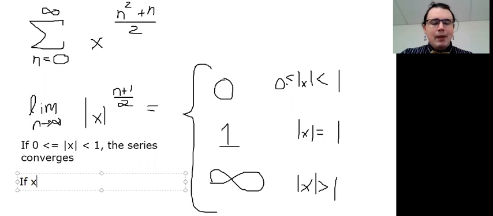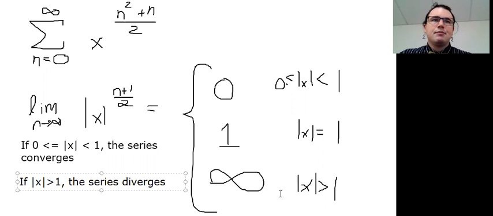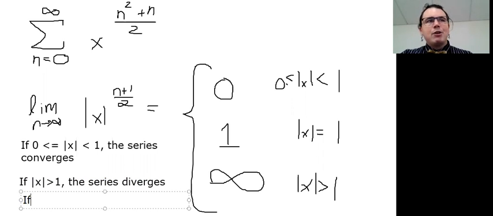If x has absolute value greater than 1, the series diverges, whether that x is a positive number or a negative number. But the very last outcome here, if x is exactly plus or minus 1, I take the absolute value of that thing, I take higher and higher powers. The limit is exactly 1. The test is inconclusive.